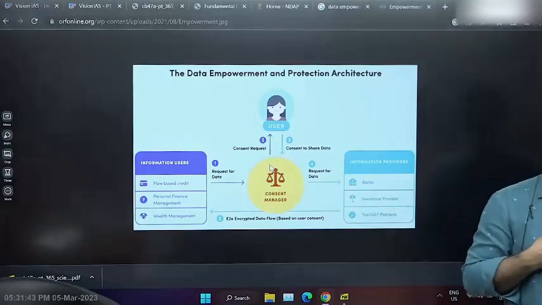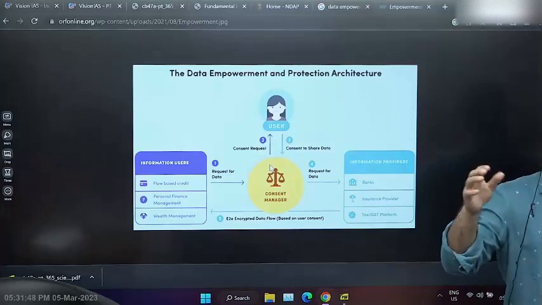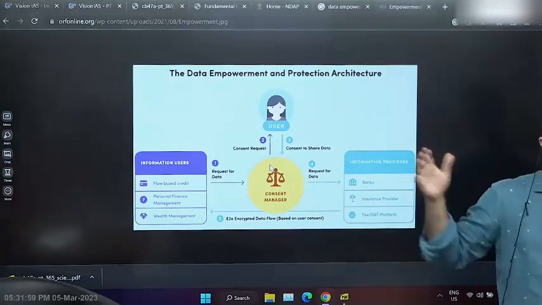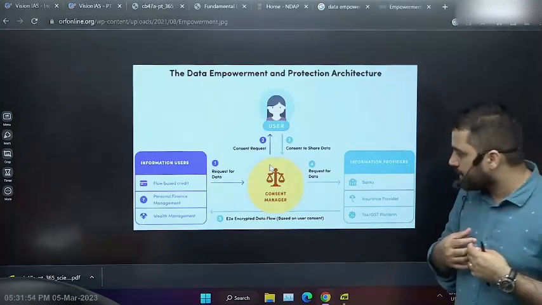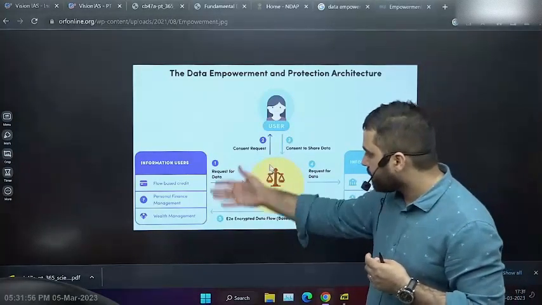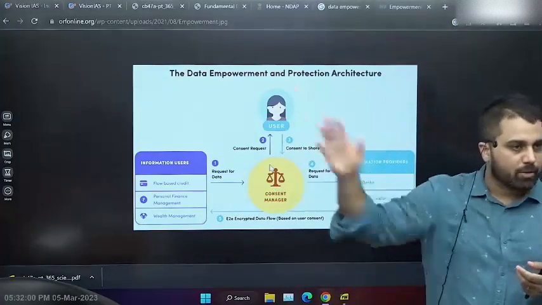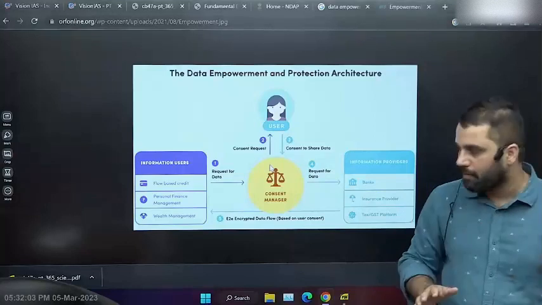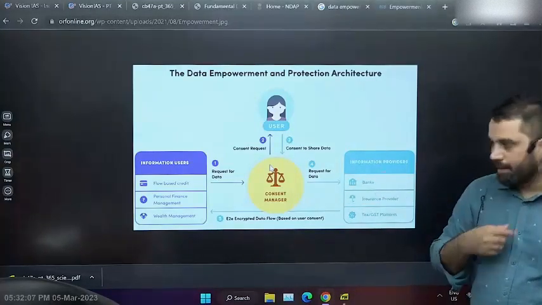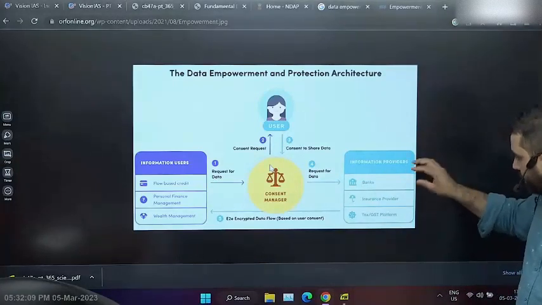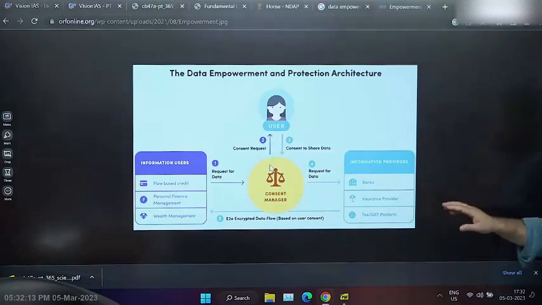Consent manager is going to basically manage consent from consumer. It is like an intermediary between a financial service provider and a consumer. For example, my financial data, कोई भी financial management हो, wealth management हो, insurance हो, किसी को मुझे अपना डीमैट अकाउंट ओपन कराना हो, बैंक अकाउंट ओपन कराना हो, whatever, for whatever thing, if my data is required by any company, by a bank, by an insurance provider, by perhaps a tax GST platform, then there will be a consent manager.